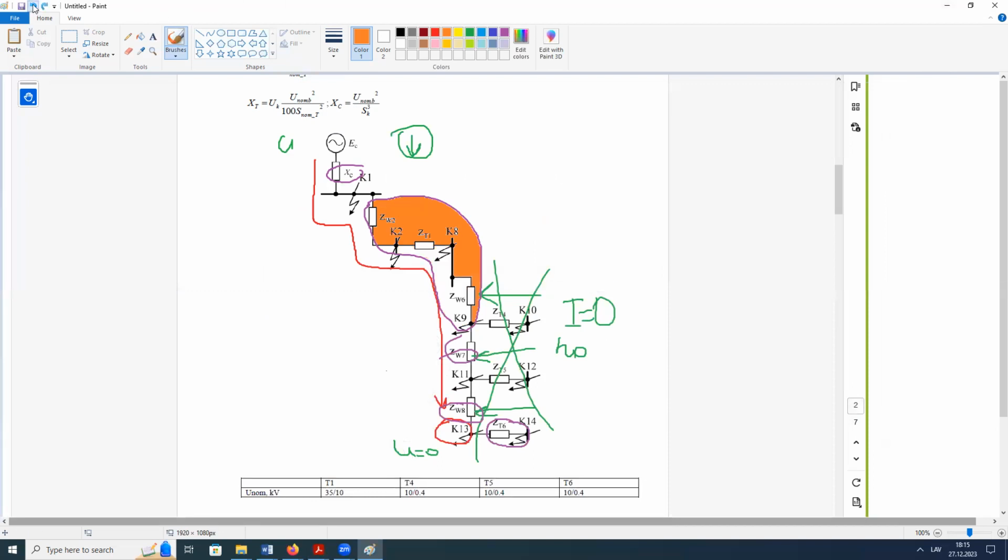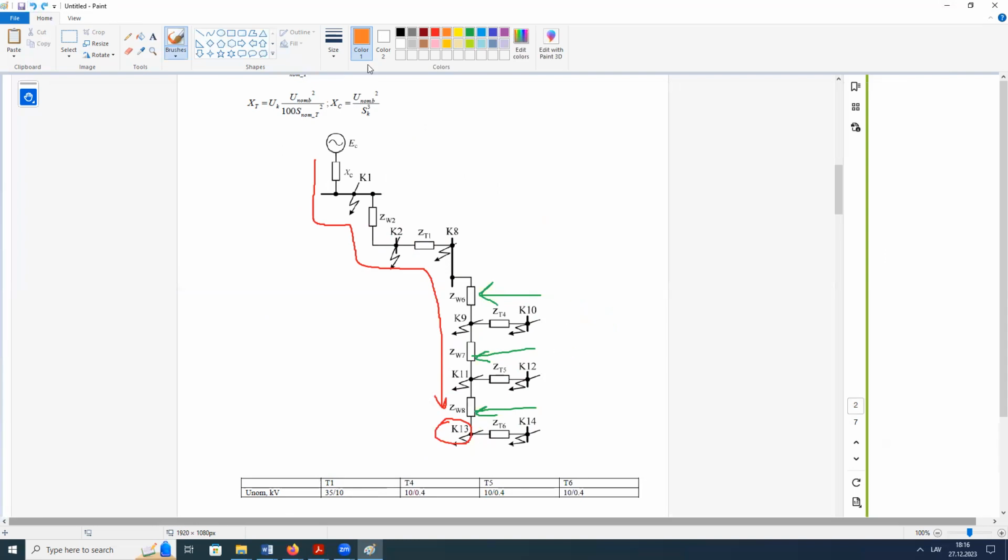Okay, let's go back to this scheme. In this case, because we have three similar transformers, we have current flows that are green. Here we have these current flows, yes. And this is more complicated. This scheme is much more complicated.